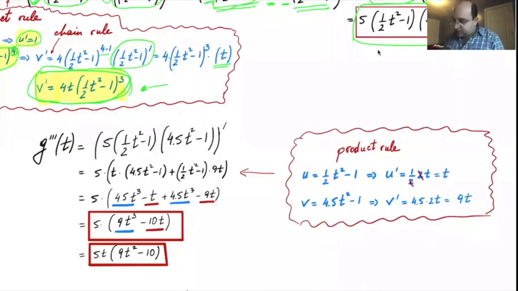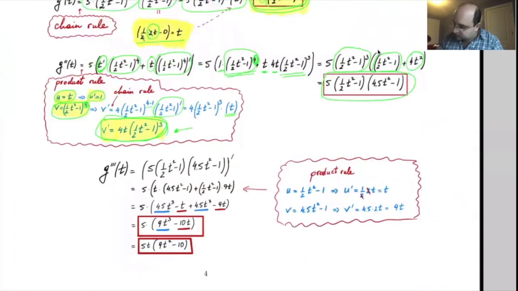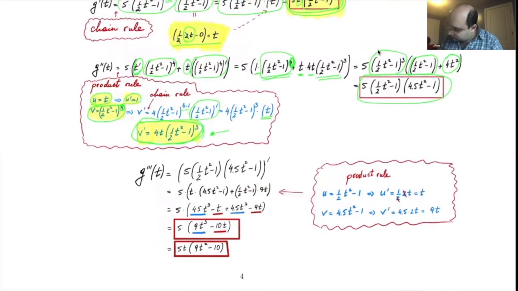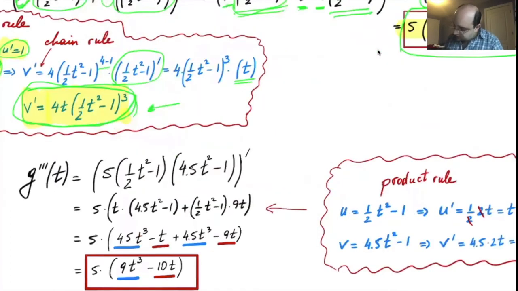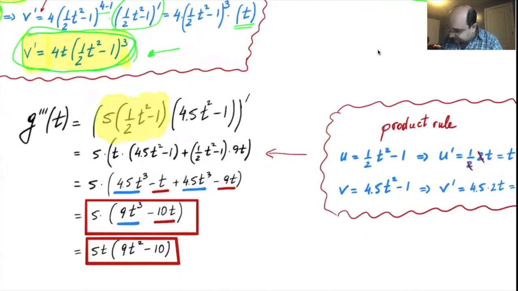Okay, so for the third derivative, we have to take the derivative of the second derivative. Here is the second derivative, which we just calculated. We have to take the derivative of that expression, and so we have to use the product rule.